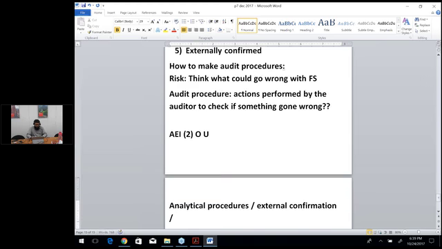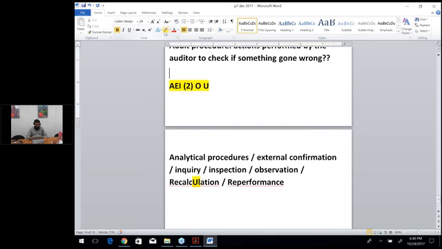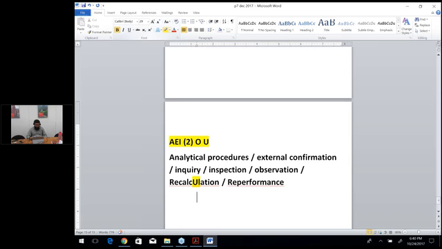Then there is inquiry, inspection, observation, recalculation, and reperformance. So these are the various audit procedures that can be performed.